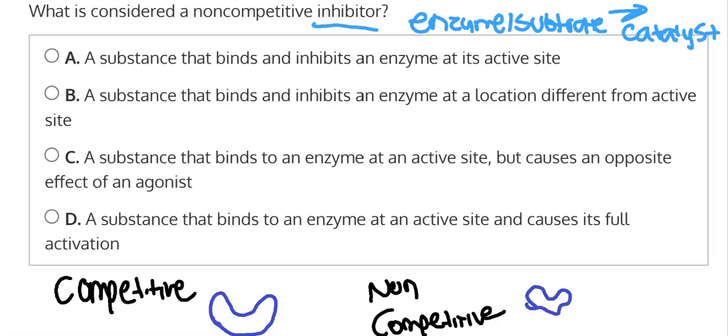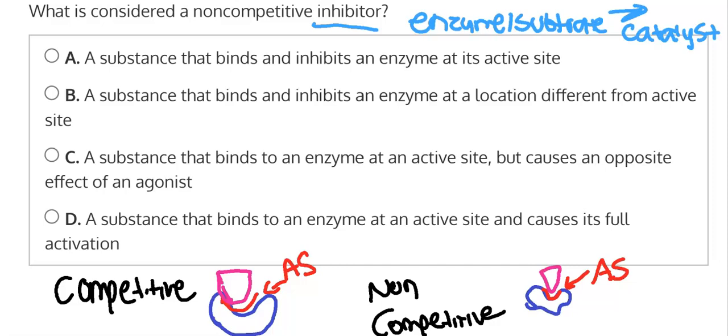If we take a look at this part here in both enzymes, this is what is known as our active site. So active site, we'll write AS for short. And this is where your substrate would need to bind in order for the reaction to occur. So substrate would go here.